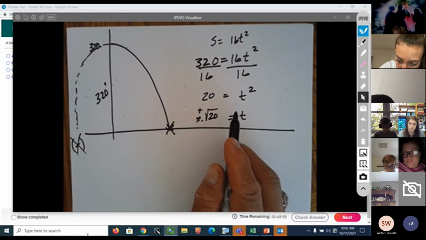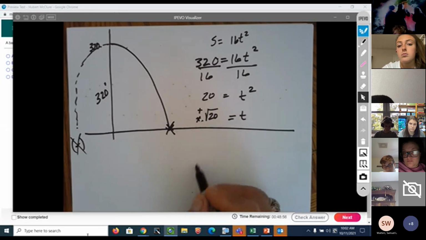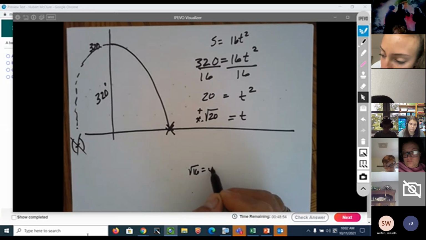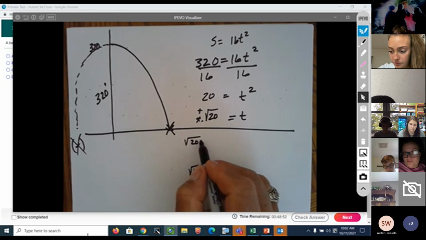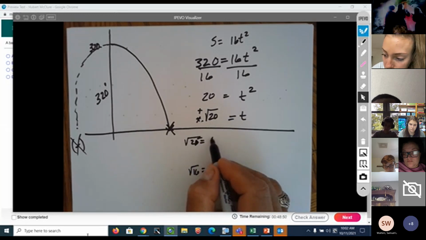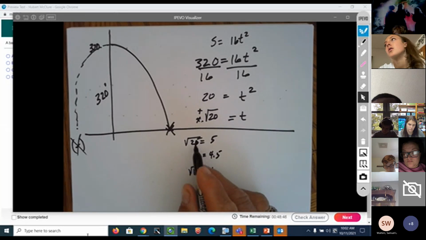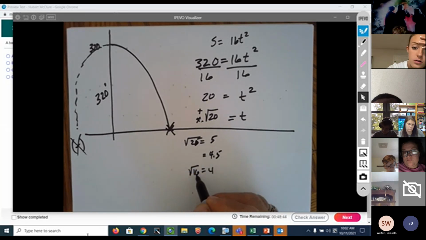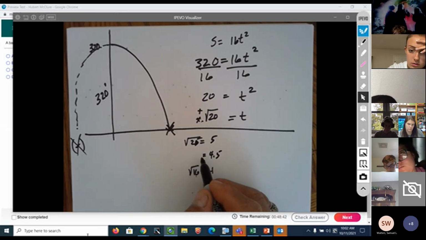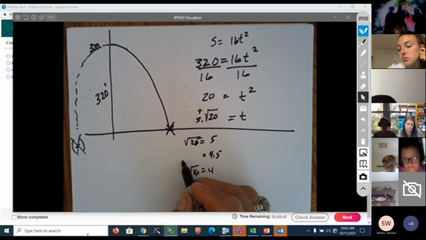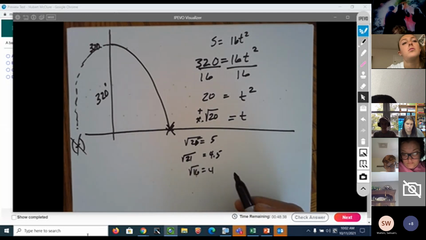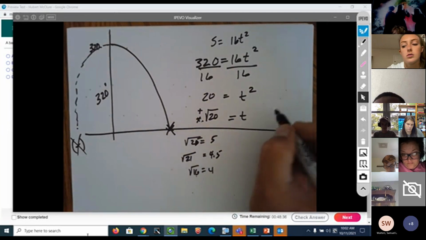Positive square root of 20. We know the square root of 16 is 4, and the square root of 25 is 5. 4.5 is in the middle. So 16 to 25 is 9. Half of 9 is 5, so that'd be 21. Square root of 21. I'm going to say 4.4.